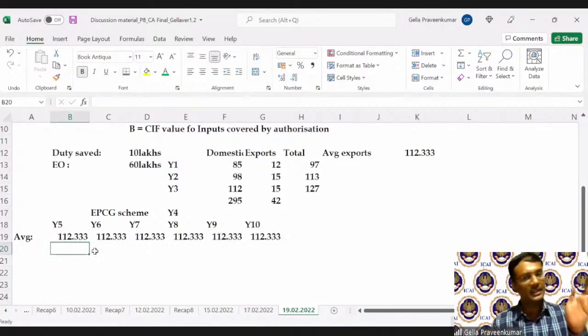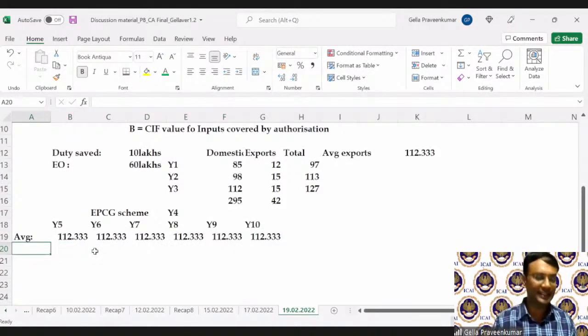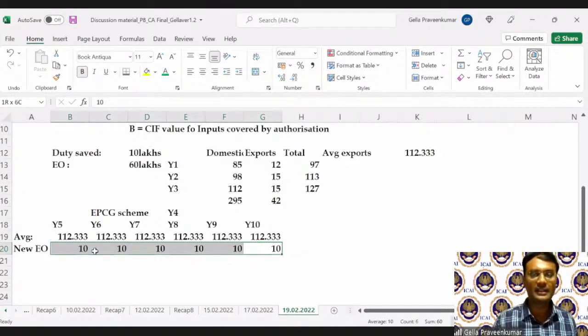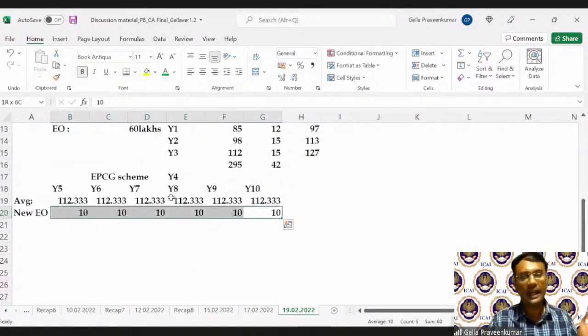So this export turnover should be there as it is, and the new export obligation, because 6 years, 60 lakhs, 10 lakhs, 10 lakhs, 10 lakhs. I'm just giving a simple equation, Namita. 60 lakhs is what I have to meet within the span of 6 years.